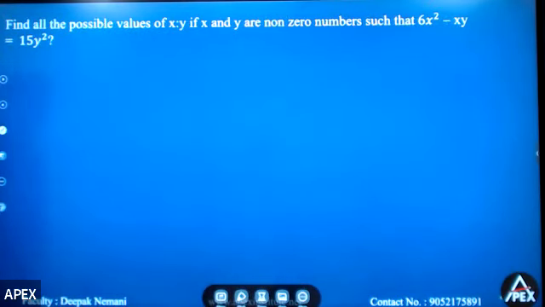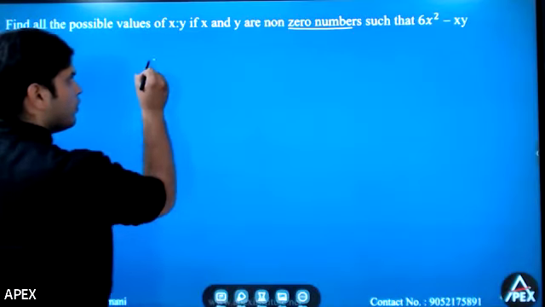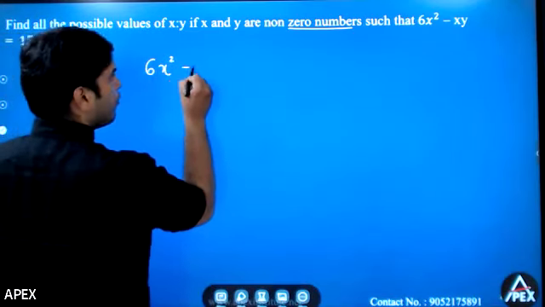Find all the possible values of x by y if x and y are non-zero numbers such that 6x square minus xy is equal to 15y square.